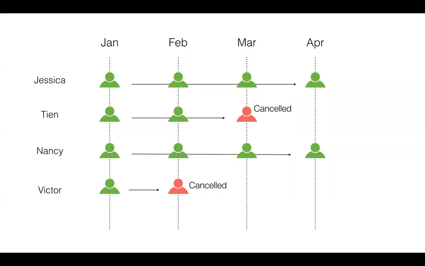All of them, let's assume, join in January. The second person, Tien, canceled in March. The last person, Victor, canceled in February. But the other two, Jessica and Nancy, are still using it at April, okay?